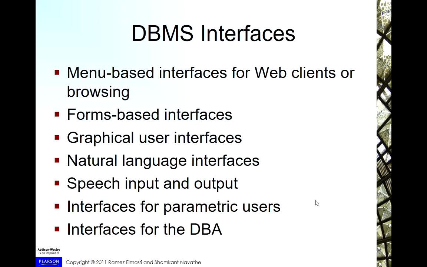When you talk in a search engine, for example, to search for specific information, this is called speech input and output. So you speak in Google to search for specific information by speech, and the information you get from there is the output. You have input and output. So use natural language.